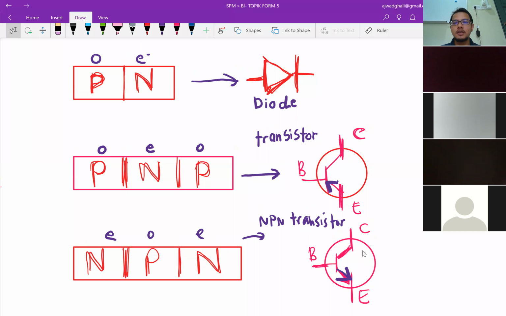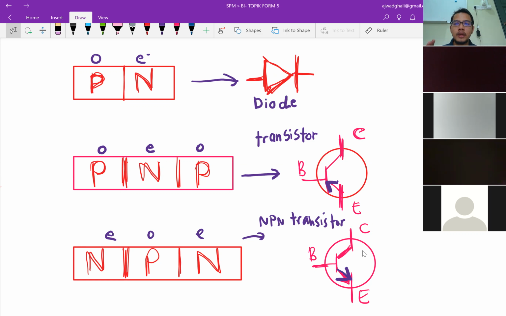in the first session, we learned about a CRO. You need to understand how CRO works and the process of thermionic emission, and you need to know every part of the CRO, starting from the filament, which is the cathode, then the grid, control grid, focusing anode, accelerating anode, Y plate and X plate, and also the screen.